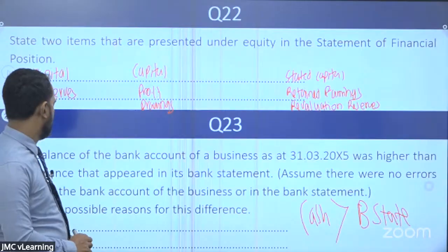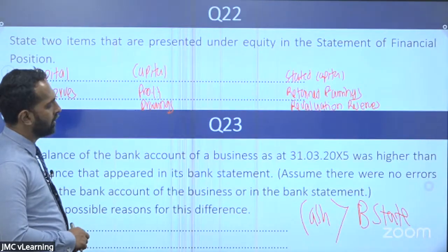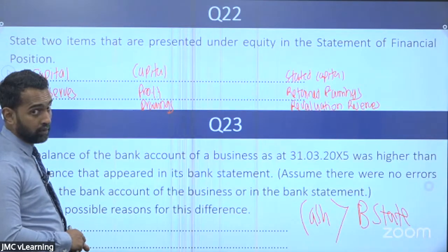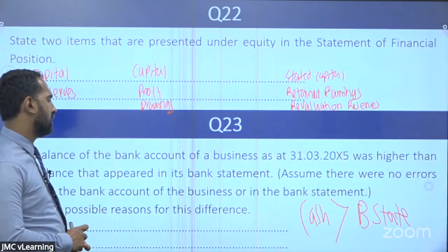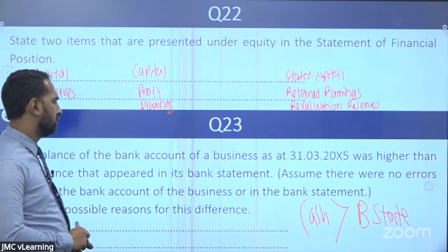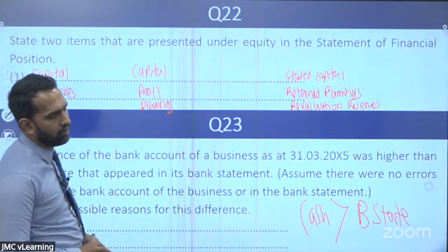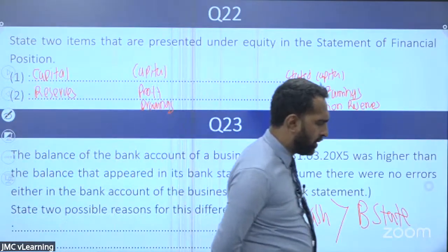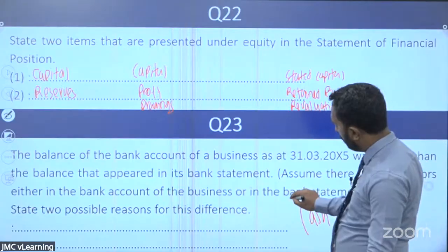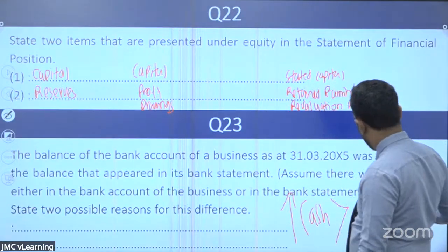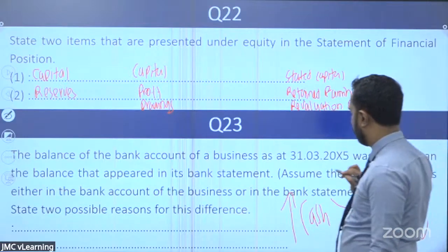So here the cash book balance is higher and there's no error. What are the possible reasons for this difference? So your answer should be your cash balance should be higher, your bank statement balance should be lower.